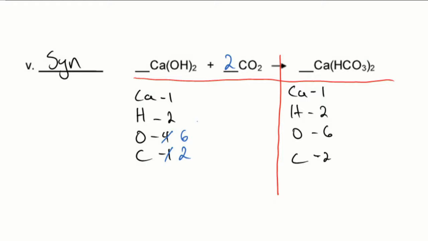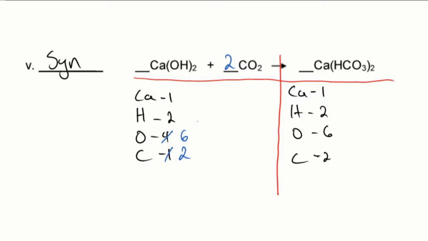Two carbons, 1 calcium, 1 calcium. 2 groups of 2 is 4, 5, 6. I think that might be it. Unless somebody can point out my mistake, I think everything's balanced there.